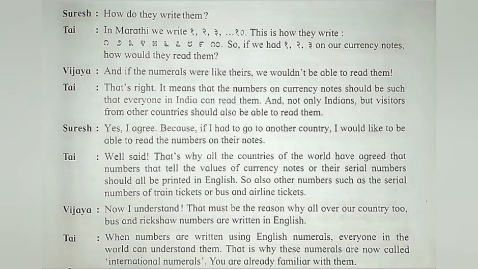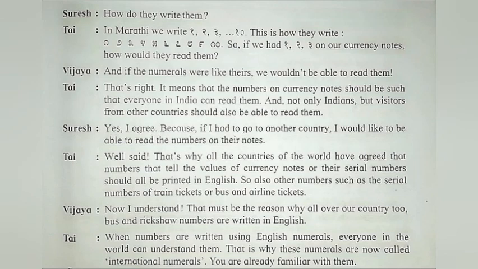If you're traveling outside India, there are figures or languages we wouldn't know. And English is a language which everyone prefers to learn or read. So all the currencies are printed in English. All the numbers and serial numbers are mostly written in English. So people would be able to understand, read, and write.